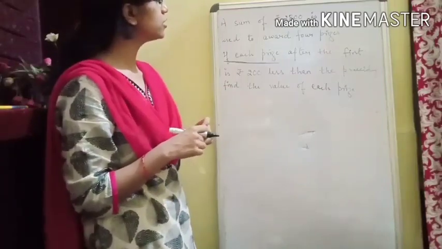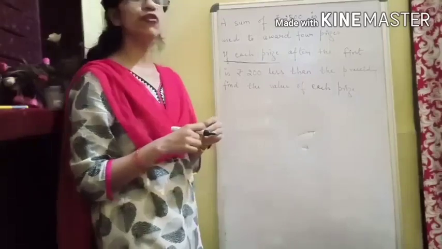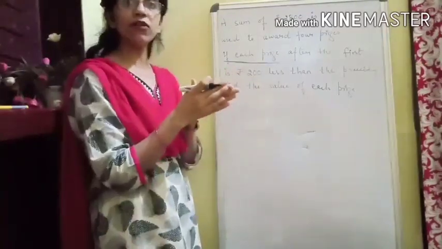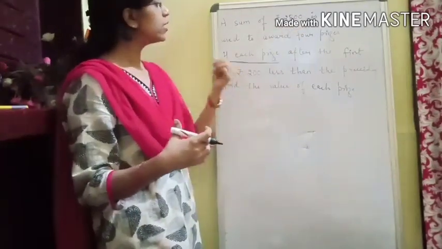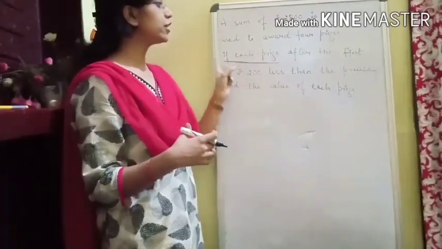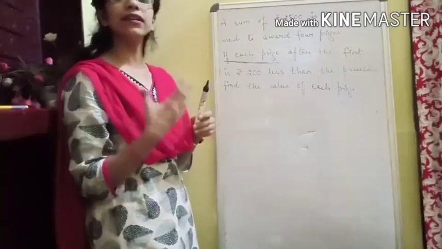Here we have our next question. If you read the question, a sum of 2800 is to be used to award 4 prizes. That means there are 4 prizes. The sum of the money for all 4 prizes is 2800. Now I have underlined the condition given: each prize after the first is 200 less.